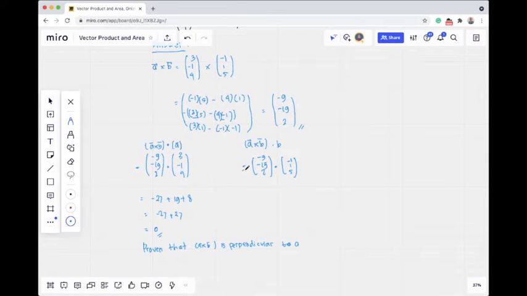Is it perpendicular? Then multiply: 9, -19 minus 19 plus 10. So 9 plus 10 is 19 minus 19. So this is 0. So this proves that A cross B is perpendicular to A and B.